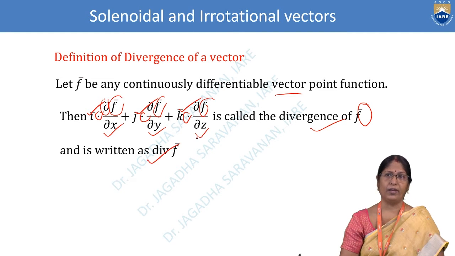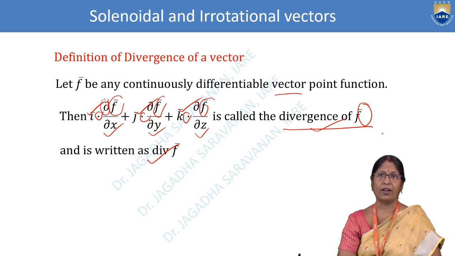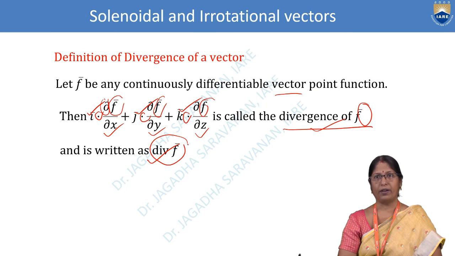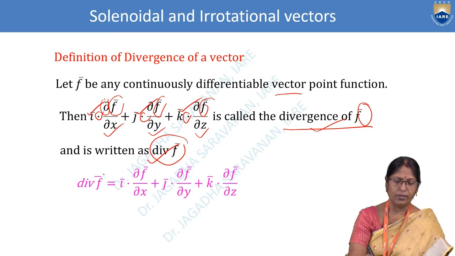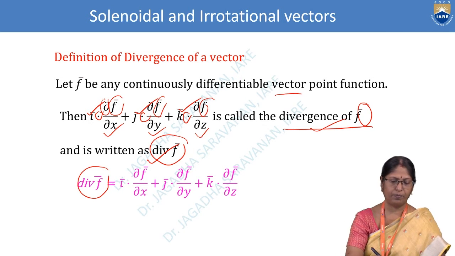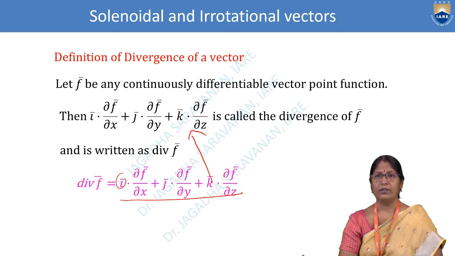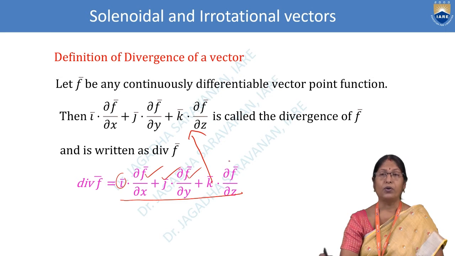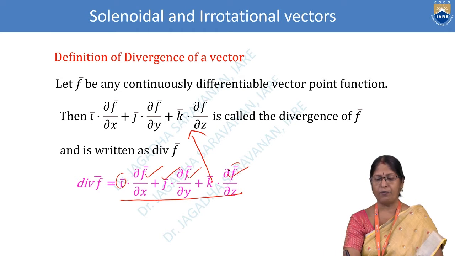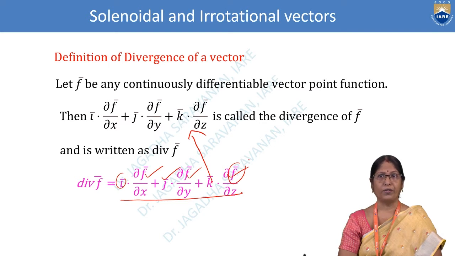It can be written in short form as div f. So div f is i dot dou f by dou x plus j dot dou f by dou y plus k dot dou f by dou z, where f is the vector point function.